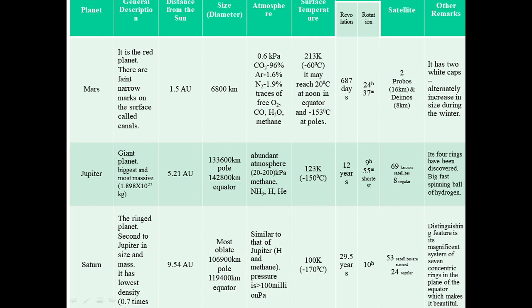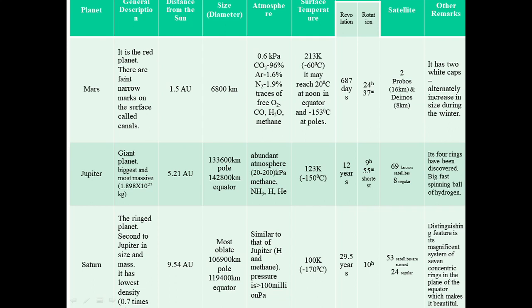Mars is the red planet, which is at a distance of 1.5 astronomical units from the Sun. Its diameter is about half that of the Earth, around 6,800 kilometers, and it has a rather rare atmosphere.